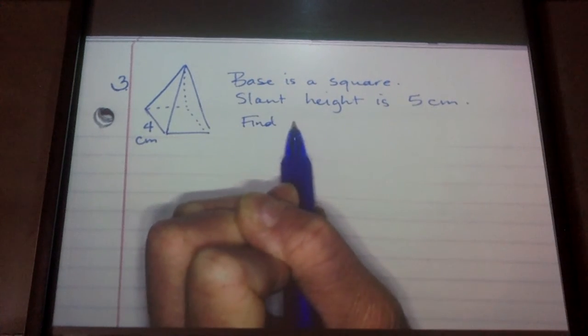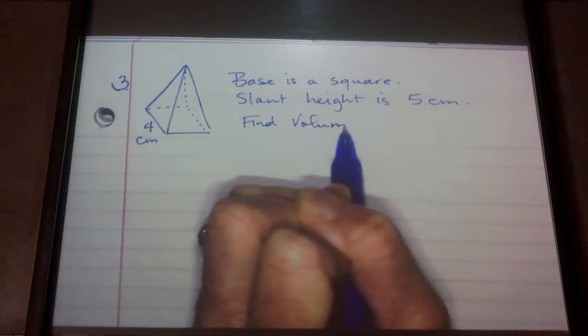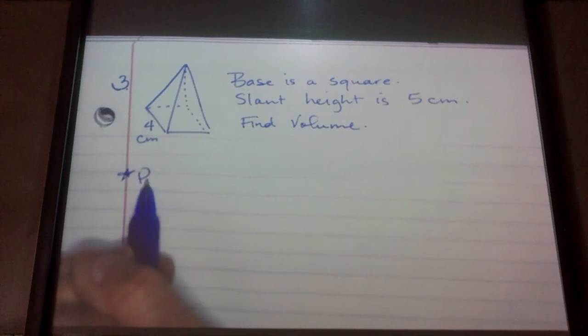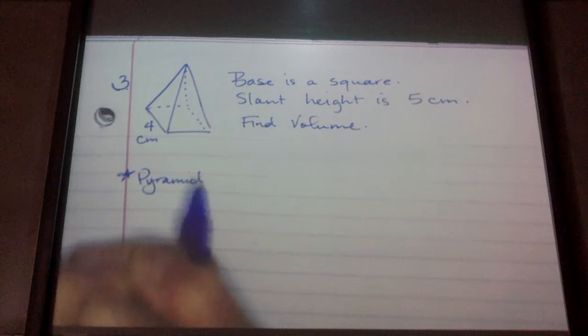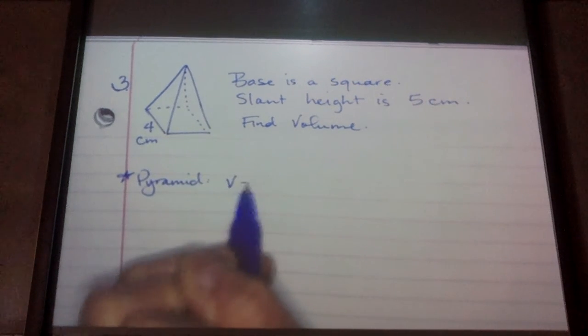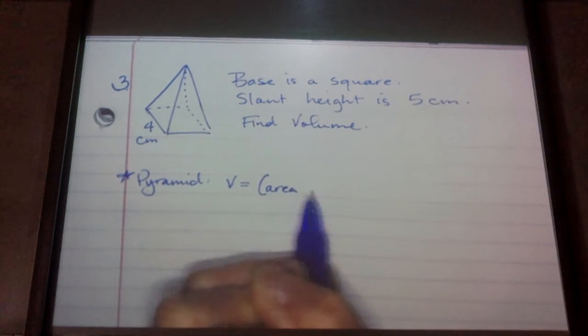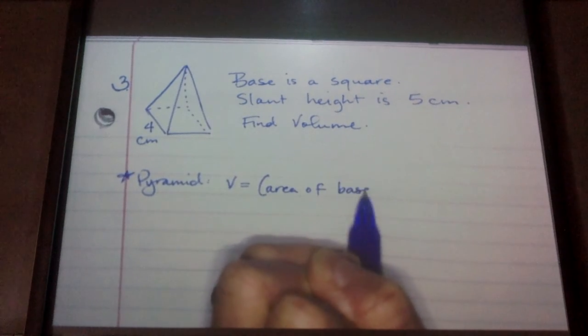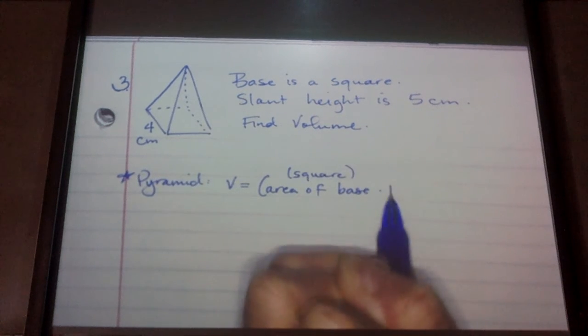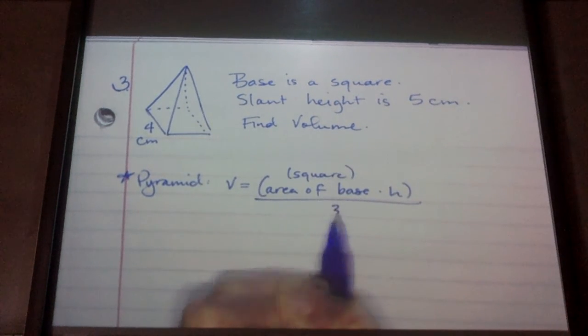Find volume. Okay, so I have a pyramid, and the formula for volume is the area of the base, which in this case is a square, times the height divided by 3.